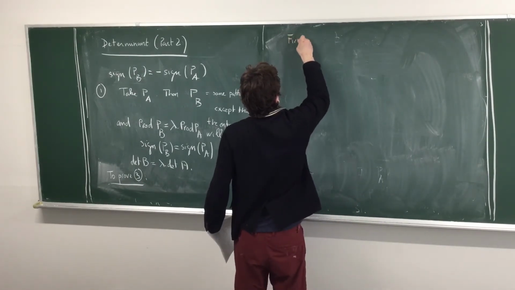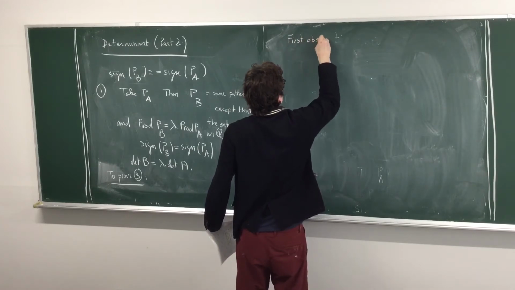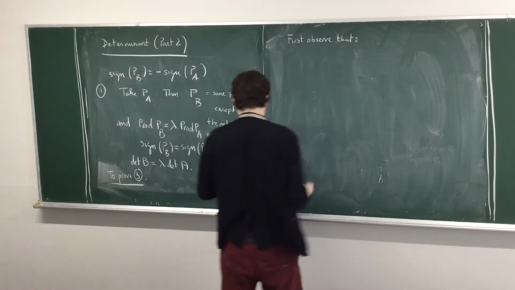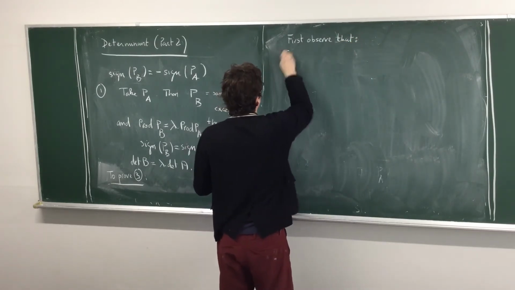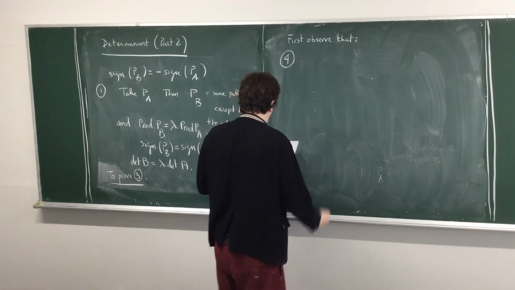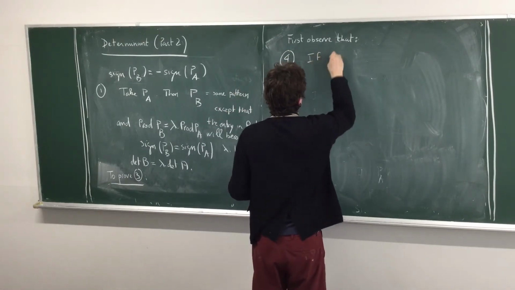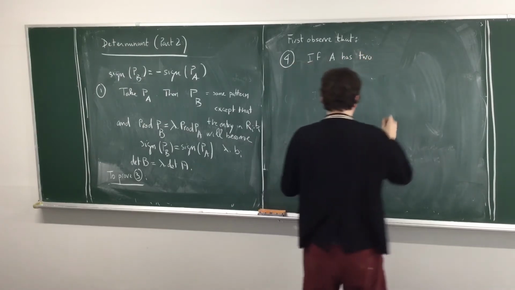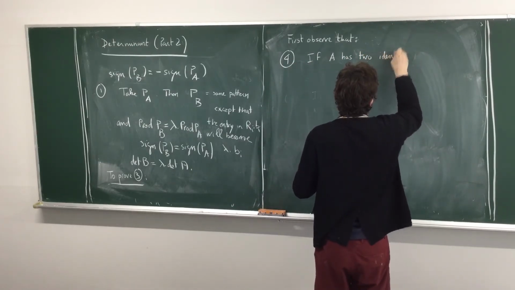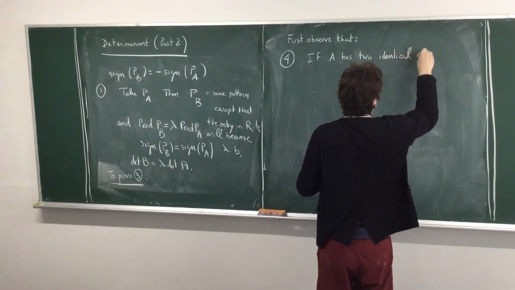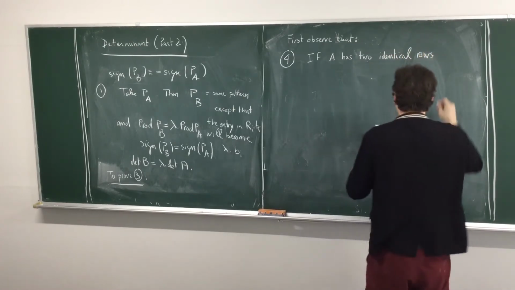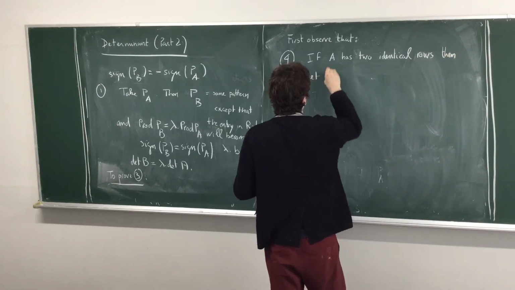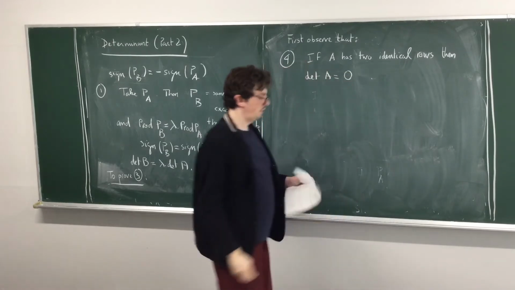First, you are going to observe property 4: if A has two identical rows, then the determinant of A must be 0.